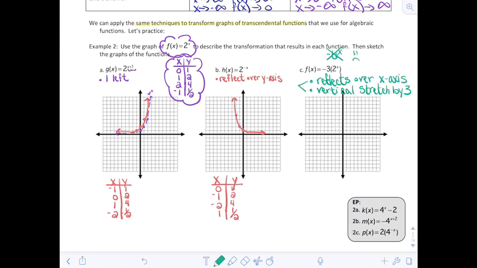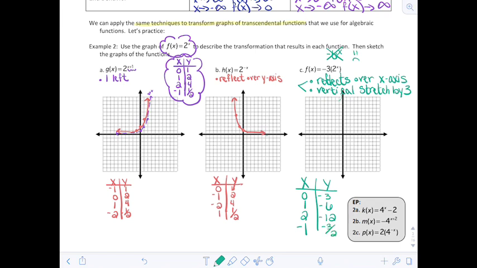So the only thing that's going to change will be my y values, and I'm going to multiply them by a -3. So as I look and make a new chart from my parent function, my x's will stay the same, 0, 1, 2, -1, but my y's are now going to be -3, -6, -12, which will be off of our graph, and 1/2 times -3 is going to be -1.5 or -3/2.